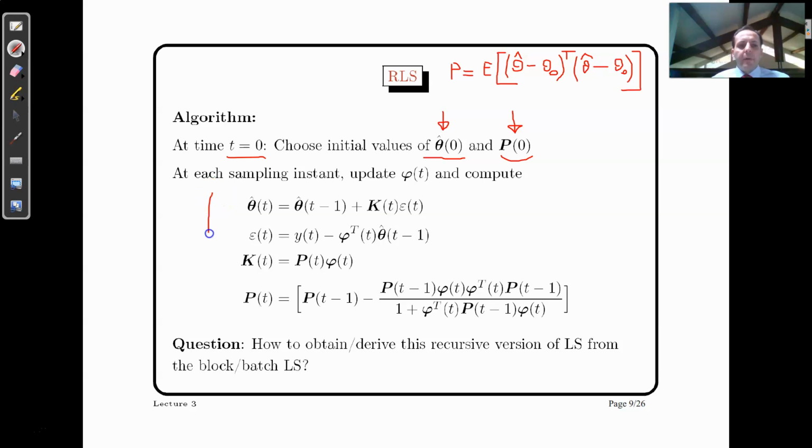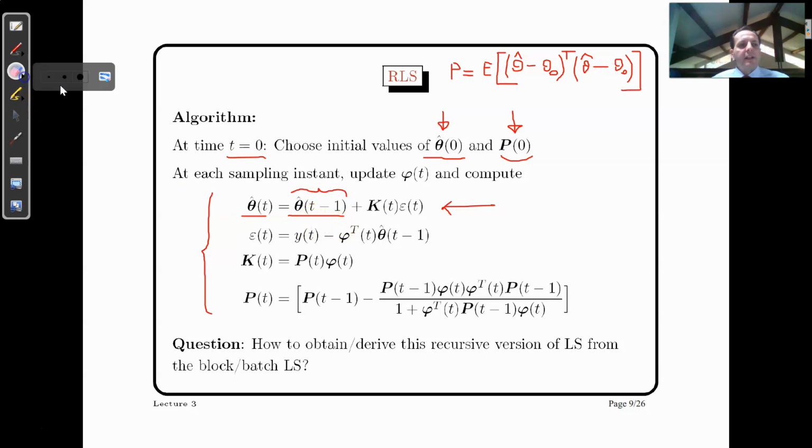So here we have the recursive algorithm, and as you can see, the algorithm is obtained as an adaptation. As in every recursive algorithm, there is an adaptation law, which reads as follows. The new value of the parameter, which can be a vector, is obtained from the previous value of the parameters.